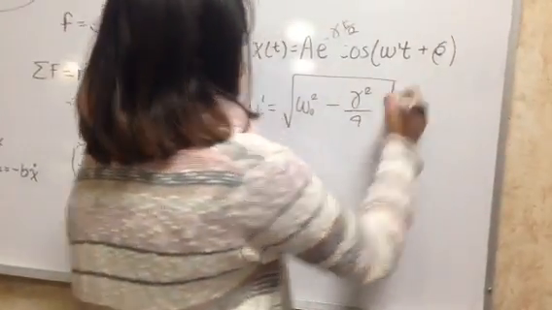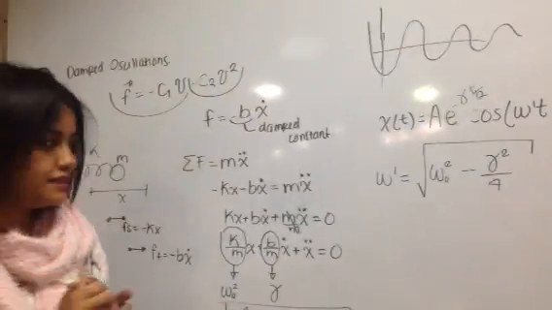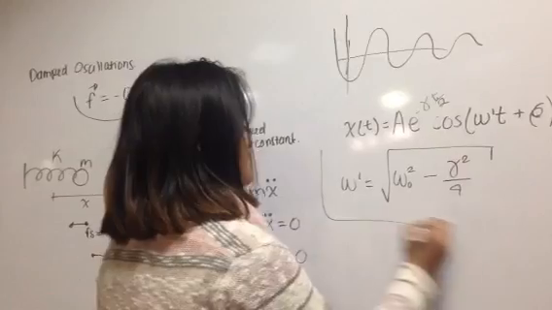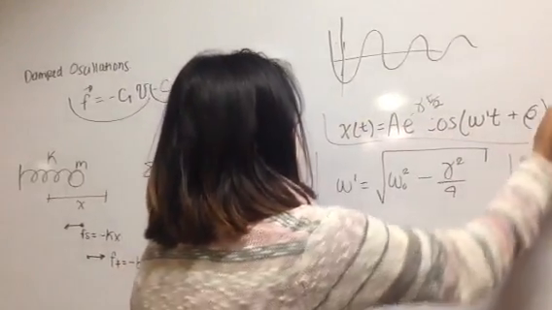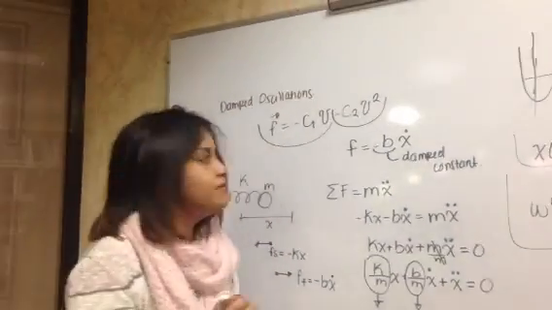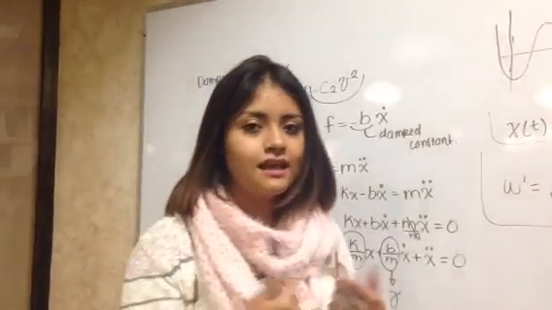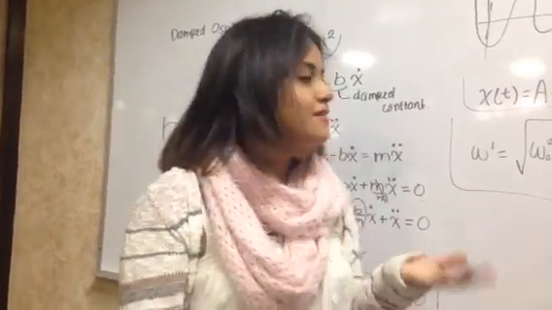And that's it. These are the three formulas that explain the movement of a damped oscillation, and they will help you to solve the problems.